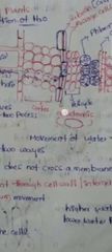This particular layer of cells is the innermost layer of the cortex. So it is known as the endodermis. Does everyone understand? Okay, this is the endodermis.